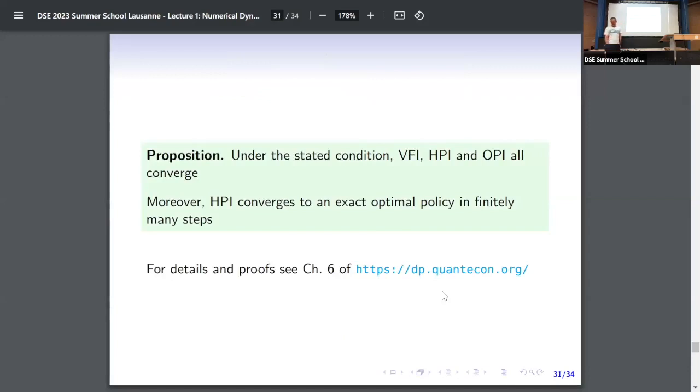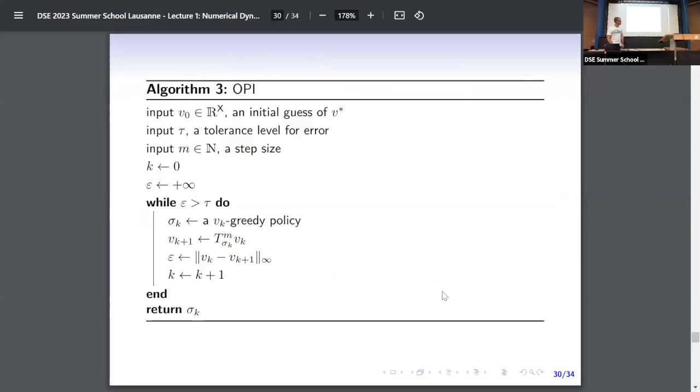Why is it VFI if you set m equal to 1? Okay, so if I take a V_k greedy policy, I'm actually maximizing with respect to this function. When I maximize with respect to it across the actions, that's nothing but the Bellman operator. I apply that once, and then I go back to here.